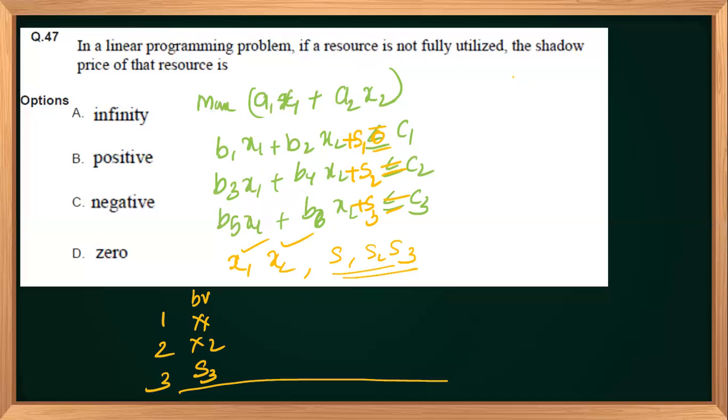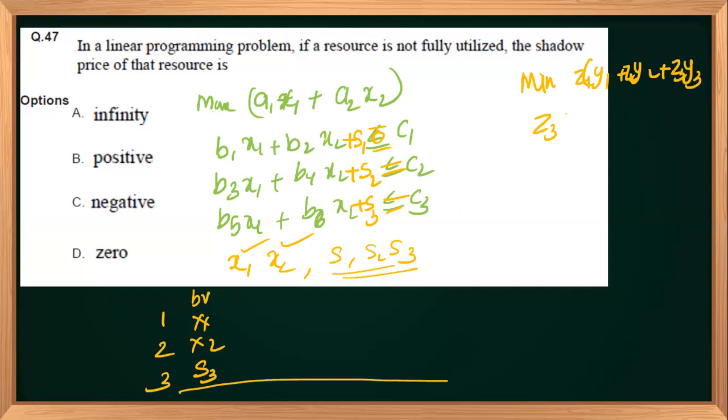Now take the case of the dual. What will be the dual variables? The dual will be a minimization function of y1 and y2. So I will say z1 y1 plus z2 y2, and let it be plus z3 y3. Why? There are three equations.